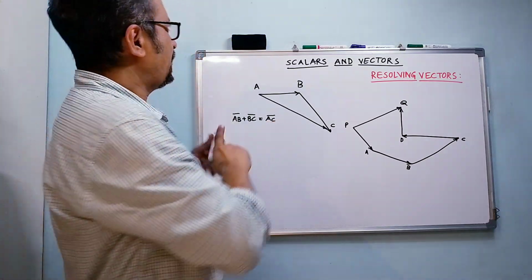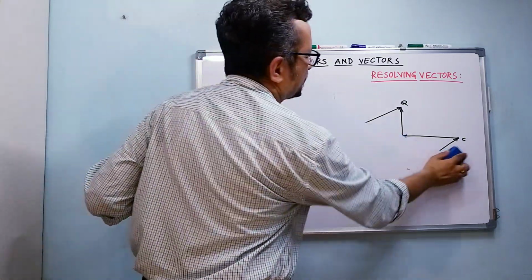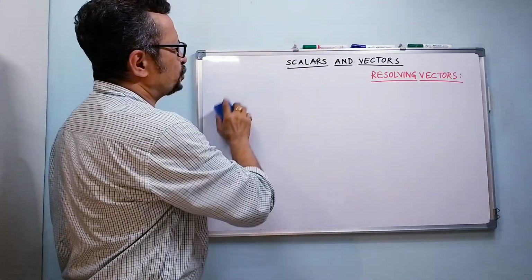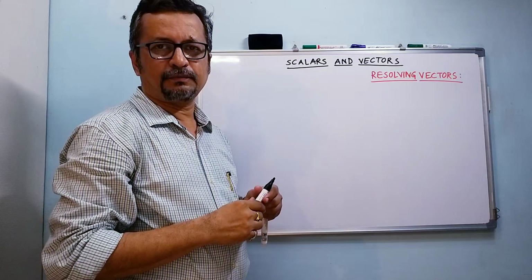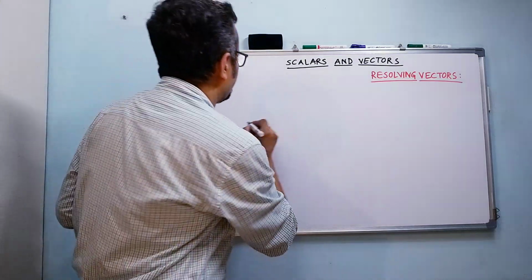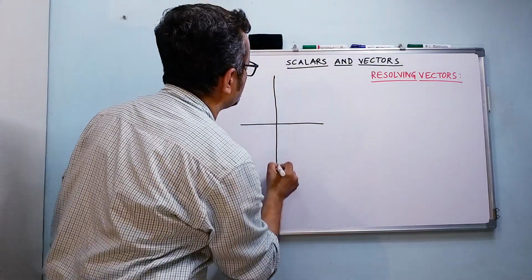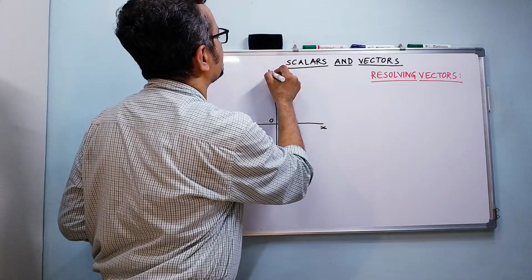Because I can have this Cartesian coordinate system, that is my origin at O and my positive x-axis and y-axis, or I can have this coordinate system here. This is my origin, this is my positive x-axis, this is my positive y-axis.